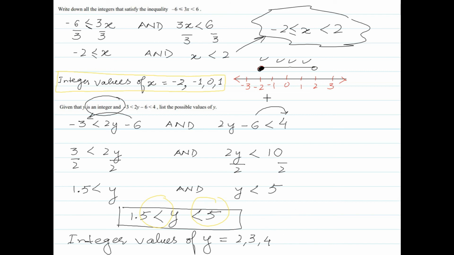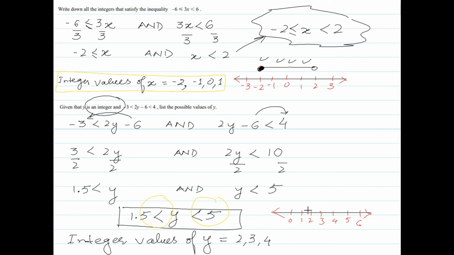If you need to draw this on the number line, you can draw it. Let's draw the solution on the number line again. Zero, 1, 2, 3, 4, 5, and 6. So 1.5 will be somewhere in between this 1 and 2.